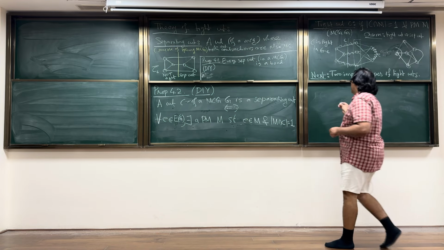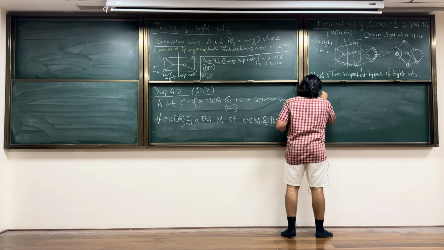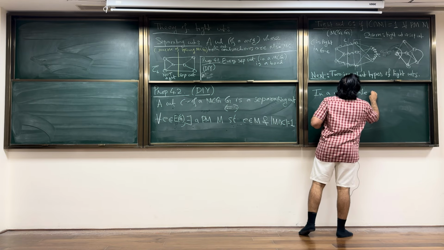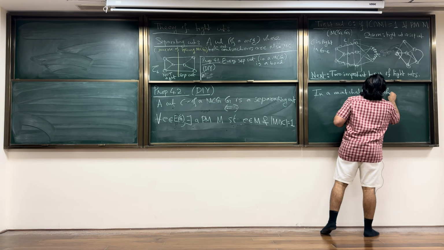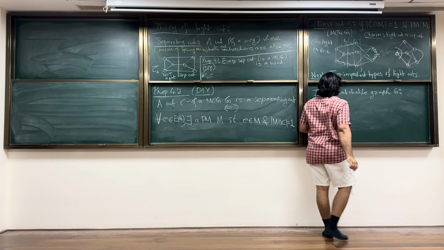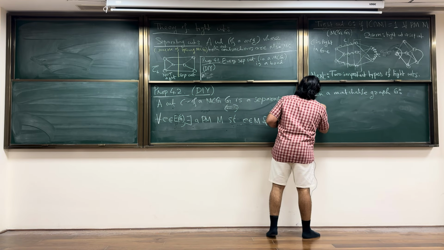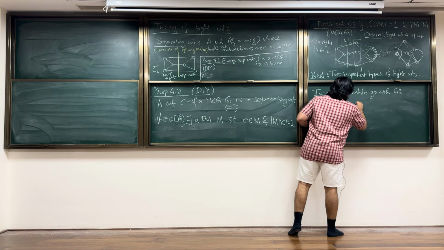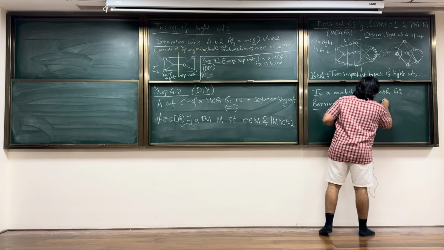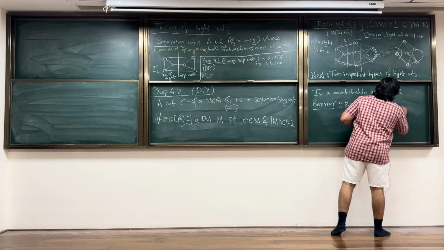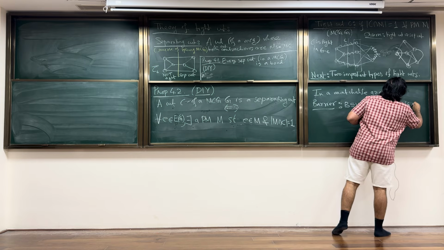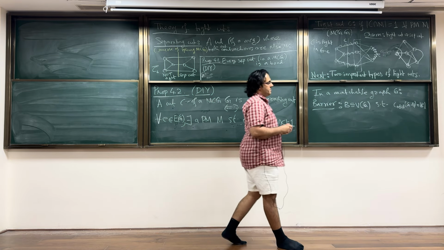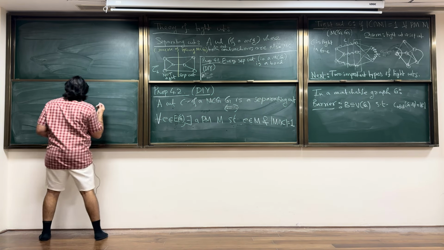So recall that in a matchable graph or in a matching covered graph, doesn't matter, a barrier is any subset of the vertices such that the number of odd components in G minus B is exactly equal to the cardinality of B. Okay? So now let's consider a barrier.